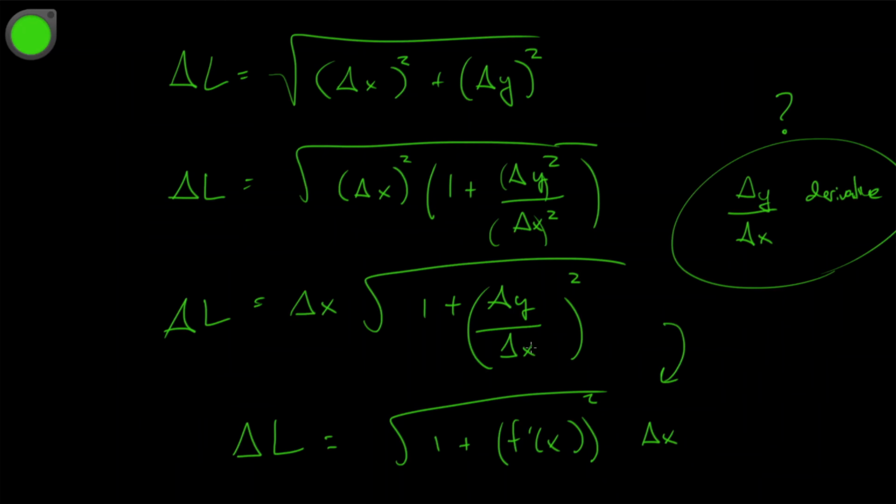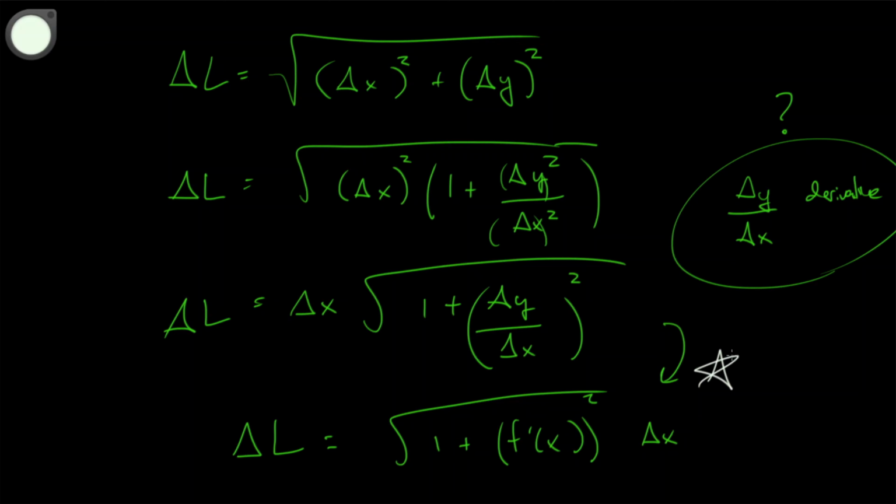So let's go back to where I was, right here. This move right here is absolutely valid. I can replace delta y over delta x with the derivative, because there exists a point between xk and xk plus 1 where the derivative is equal.